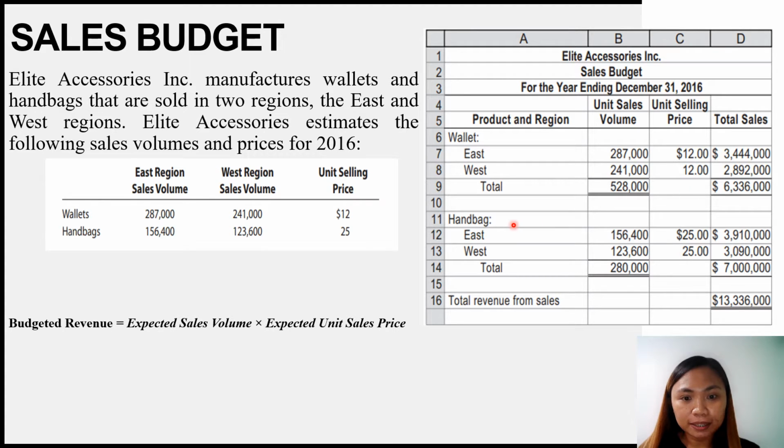For the handbag, the expected sales volume in the East region is 156,400 and 123,600 in the West region. So a total of 280,000 unit sales volume. Multiply that with a unit sales price of 25, so that would be a total of 7 million. So the total of the wallet and the handbags revenue from sales would be 13,336,000. So that is how we would compute the sales budget.